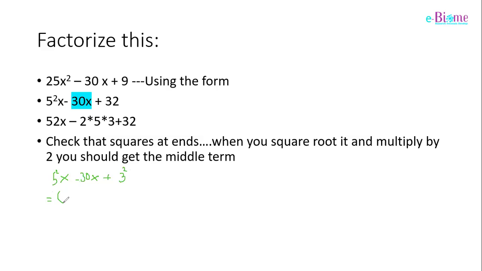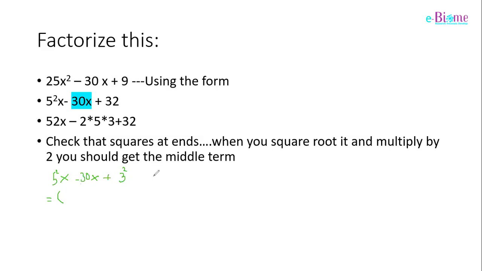I was explaining throughout, but to identify the perfect square now, when we have a question like this, we look to see if the square root of the first one multiplied by the square root of the constant, so that's 5 times 3, if we multiply that by 2, we get the middle term.